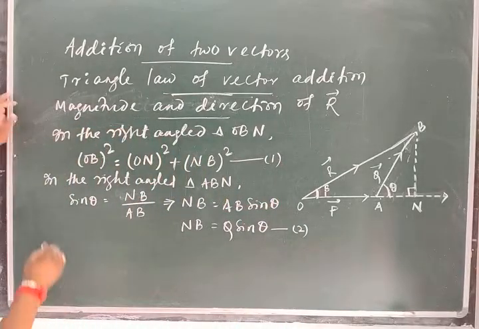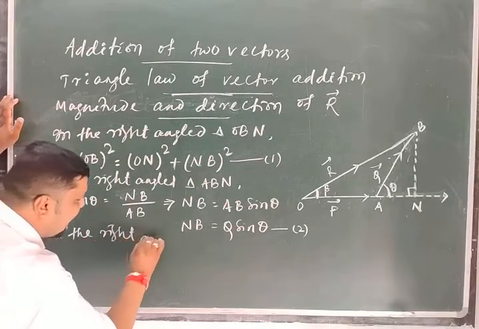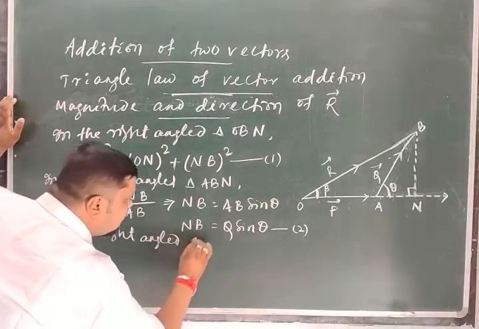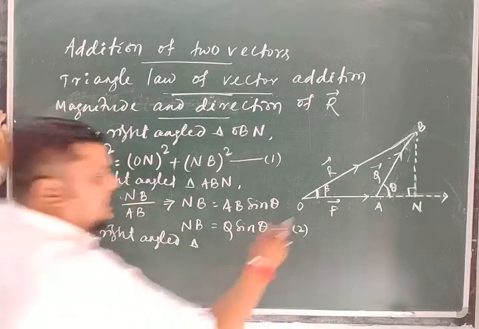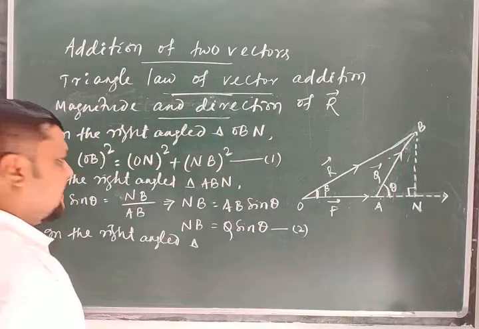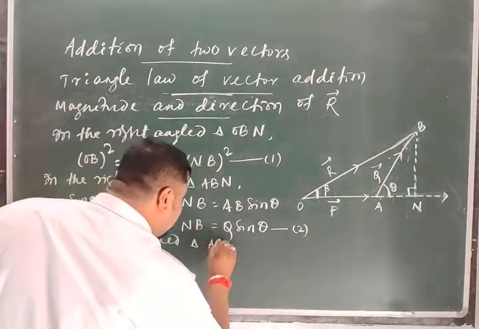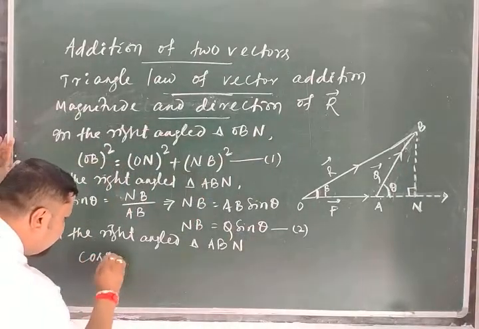Clear? Next, in the right angle triangle ABN, same right angle triangle ABN, what is cos theta?